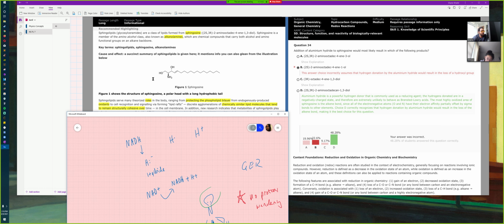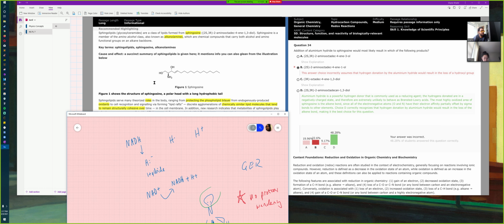So let's see this stuff. That was my reasoning: if it's going to get further reduced, then one of these OHs is going to turn into a double bond, which is why I chose an answer with just an "ino" without the "diol", because diol means there's two.